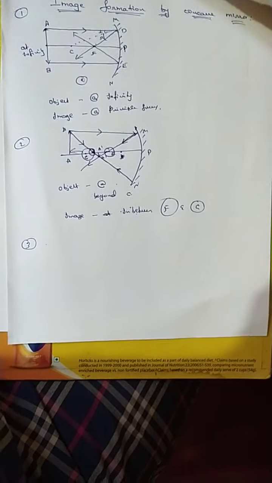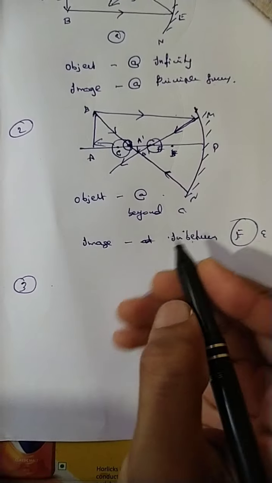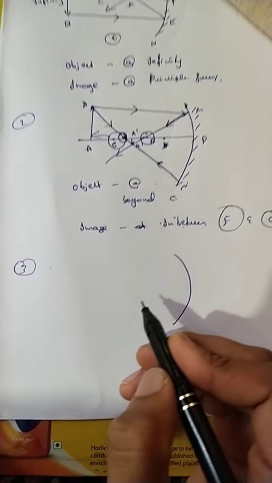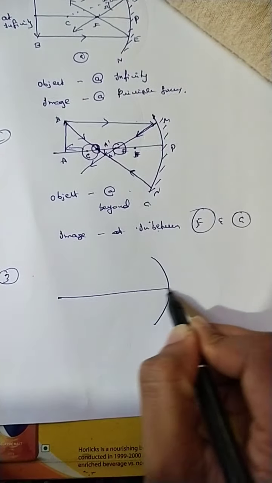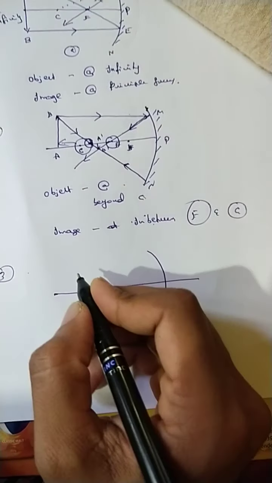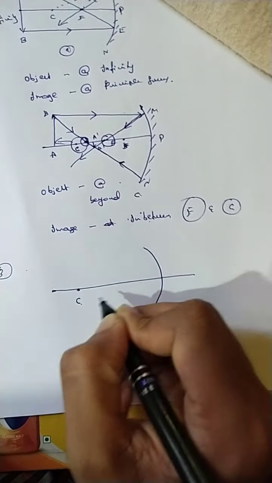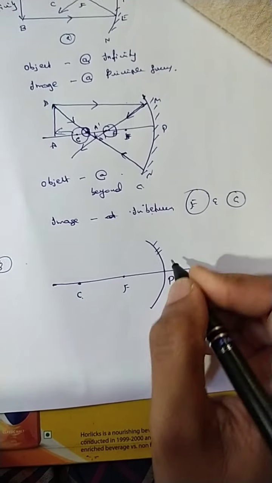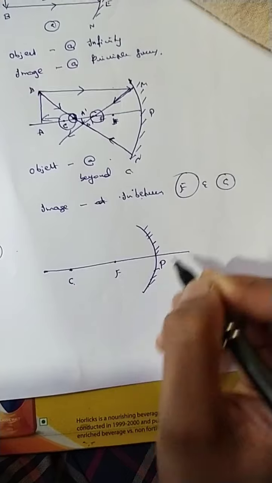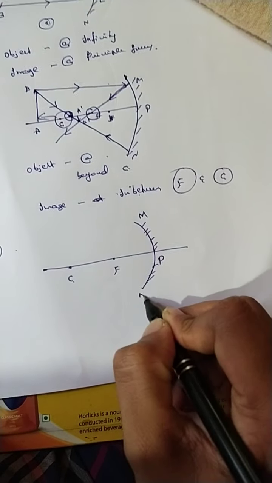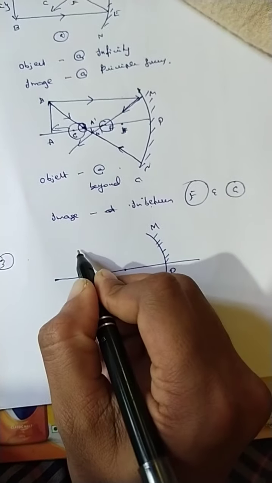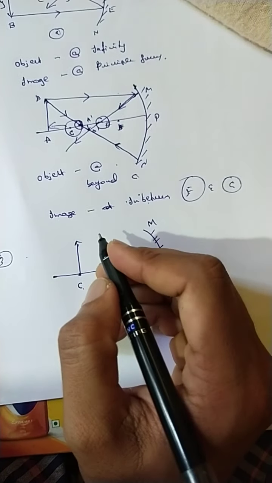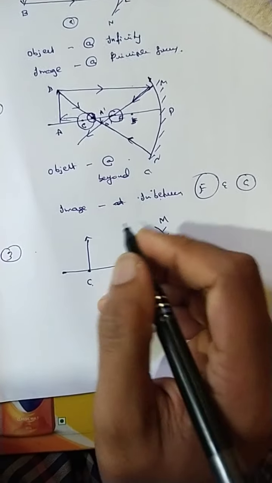Next, the third point. Concave mirror, principal axis. Now it is the center of curvature, principal focus, pole point, opaque surface, mirror MN. Now the object is placed at the center of curvature.